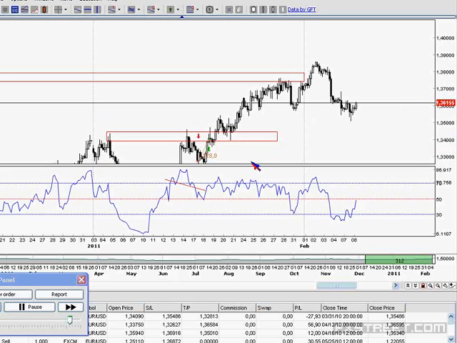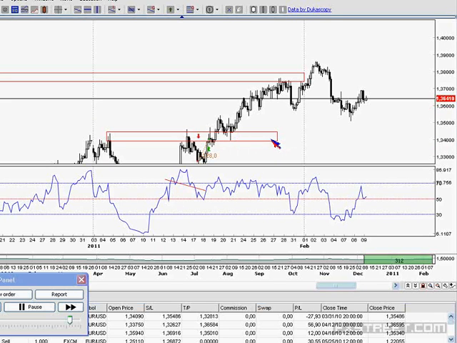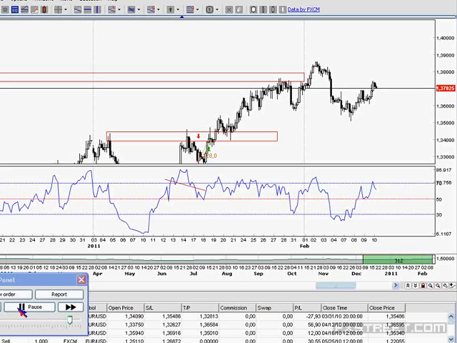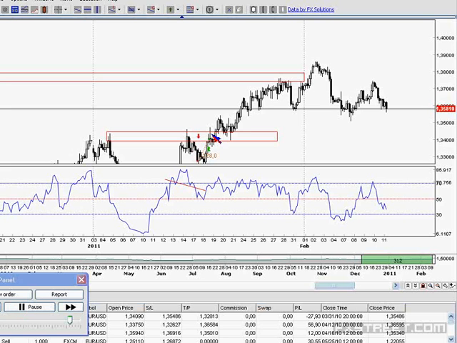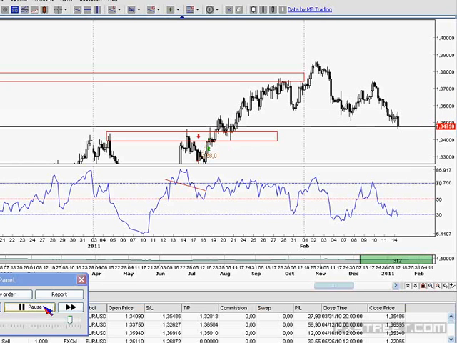Okay, so I have this level down here, which I will not extend to the right. You see this movement here where it stopped. It broke through and it tested it as support.